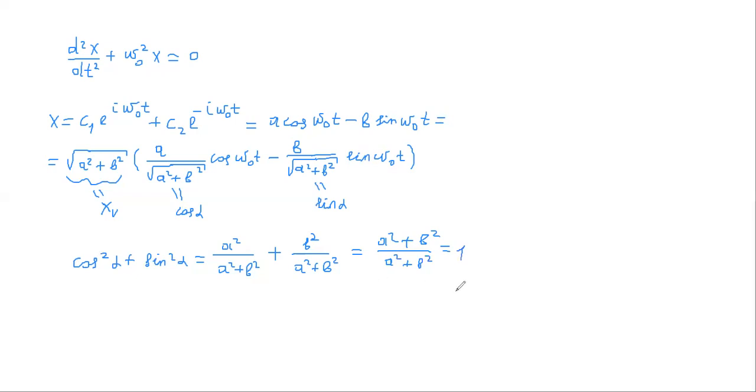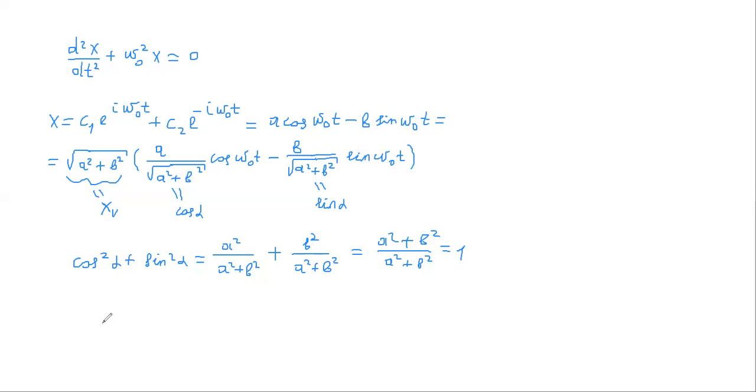So we have obtained the correct result. And it means that we can write that a divided by the square root and b divided by the square root can be treated as cosine and sinus.